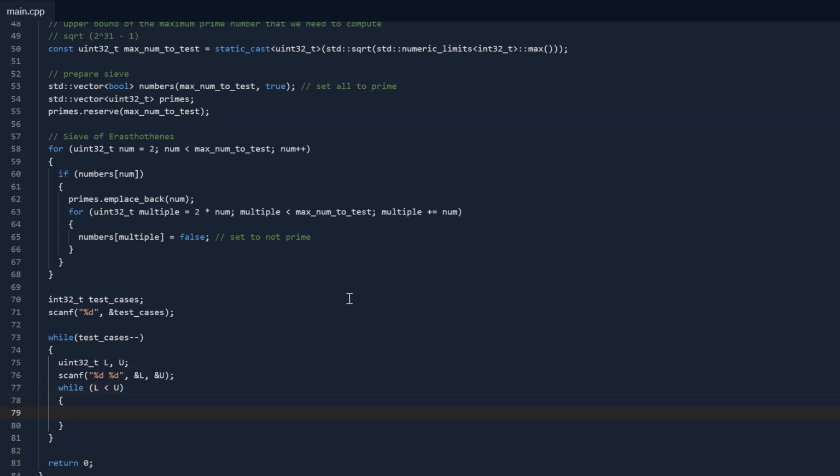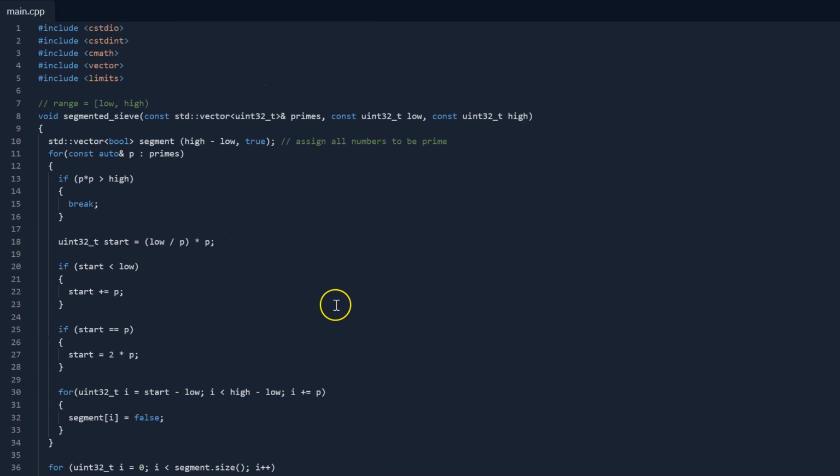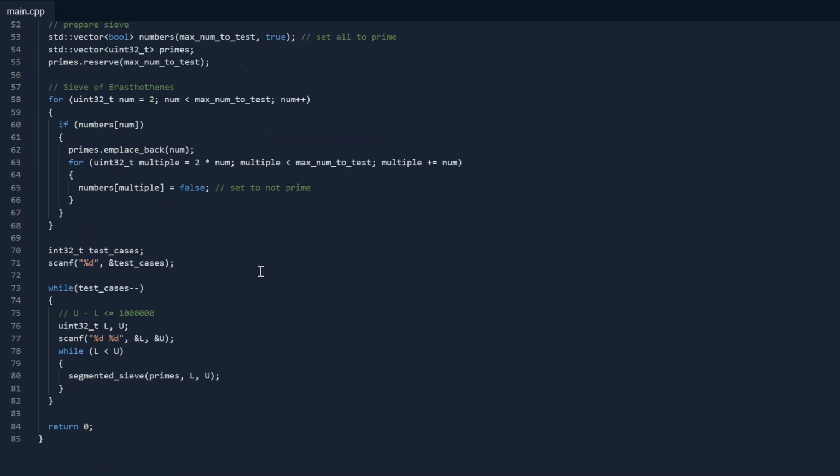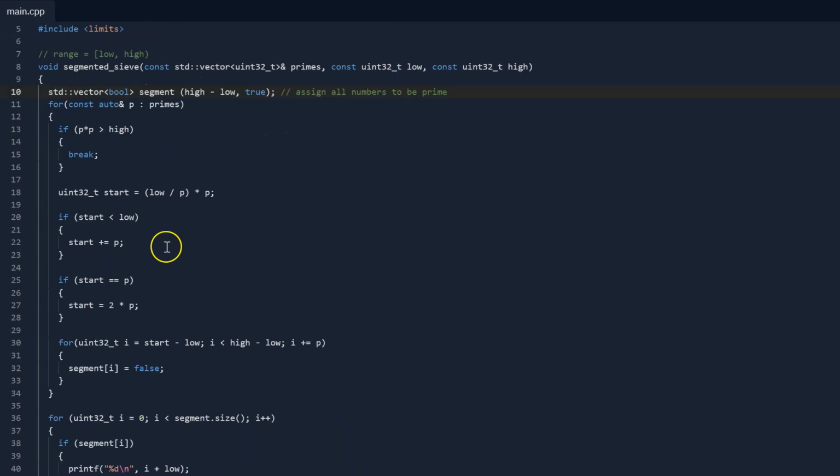I'll show you why in a second. So what we can do here is I can just call segmented sieve with primes L and U. But there is a slight problem here, as we know that the difference U minus L could be a maximum of 1 million, and this would initialize this segment vector to 1 million, which would exceed our memory limits. And that's exactly why we have segmented sieve in the first place.